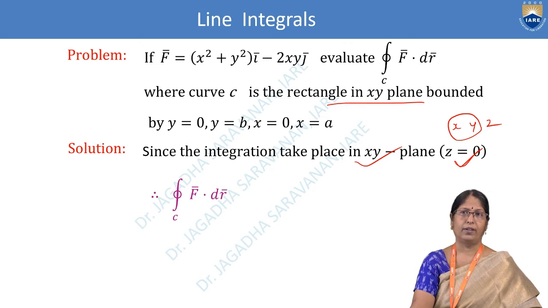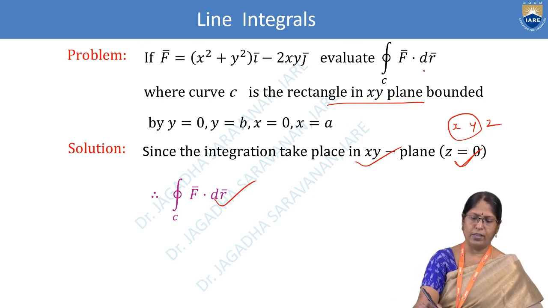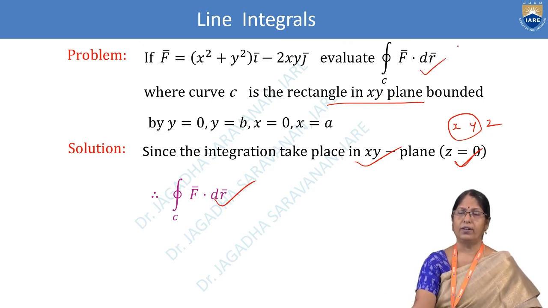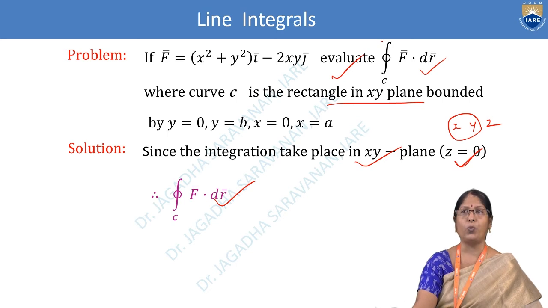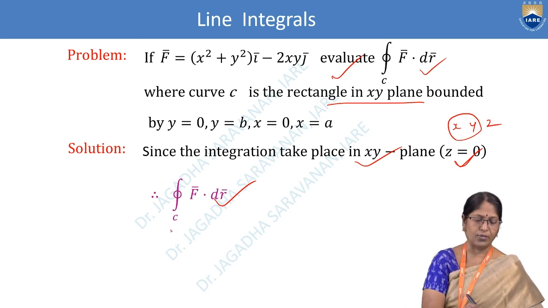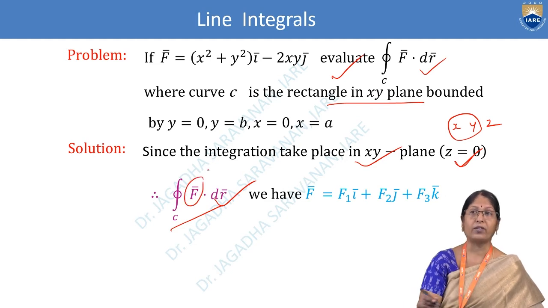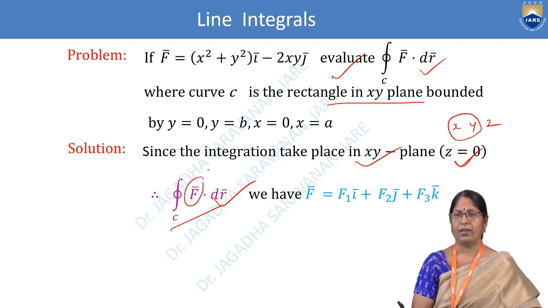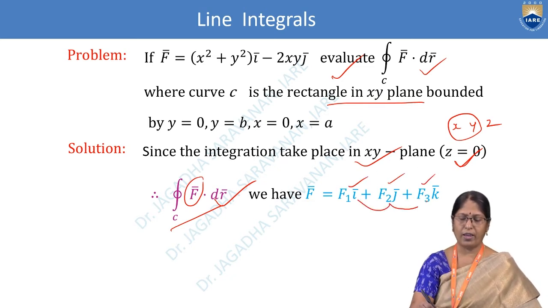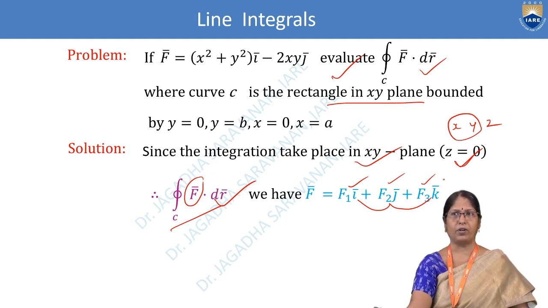Next, in the question it is given the closed curve, and F dot dr is to be evaluated. So it is written here. We know this vector F has the components F1, F2, F3, where i, j, k are the mutually perpendicular vectors.